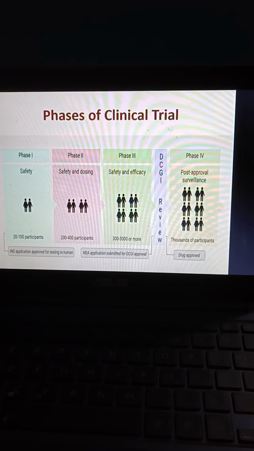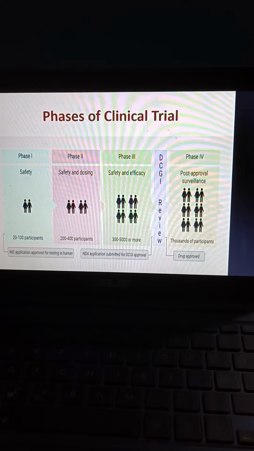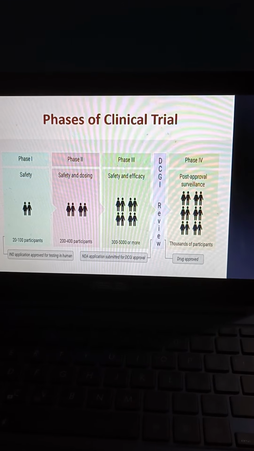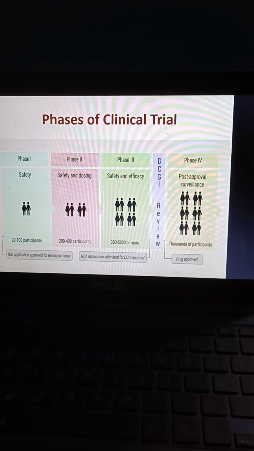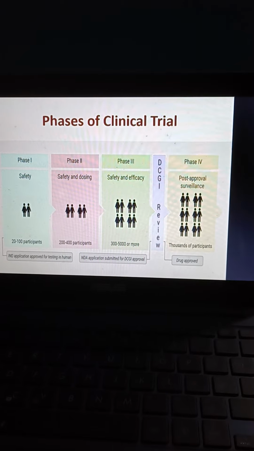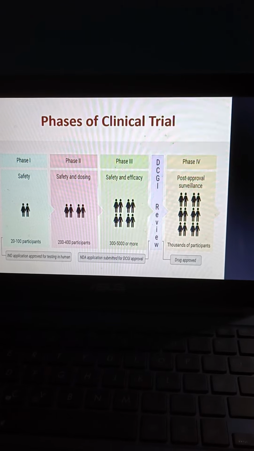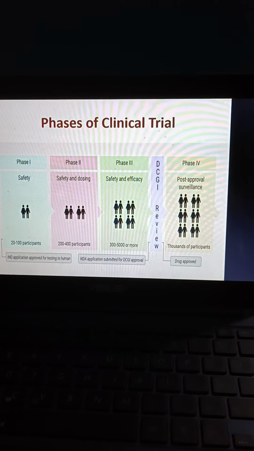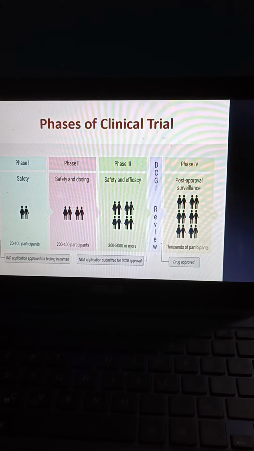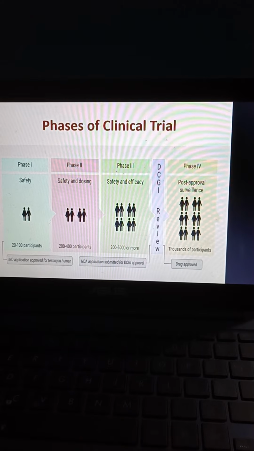Phase 3 is therapeutic confirmatory, to confirm the safety and efficacy of this new drug, this investigational product. In phase 3, 300 to 5000 or more participants are to be taken.